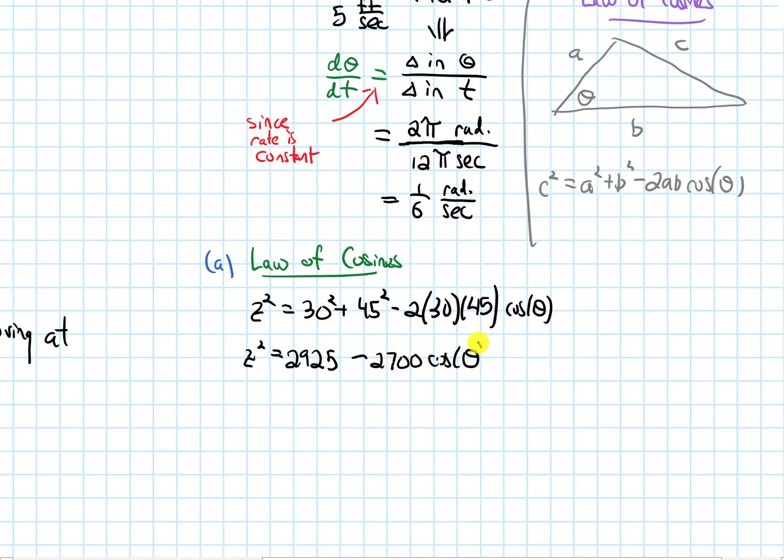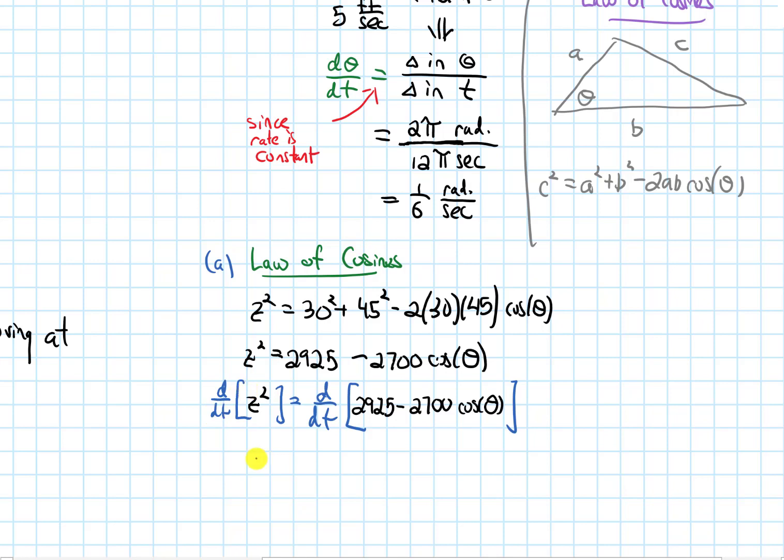cosine of theta. And so now if we take d dt of both sides, we can implicitly differentiate. On the left, d dt of z squared, on the right of 2925 minus 2700 cosine theta.